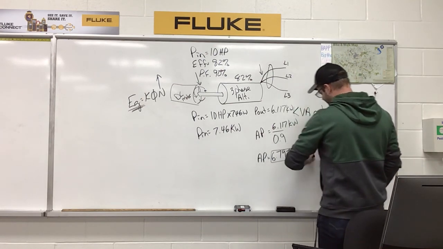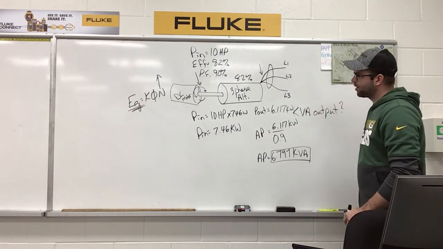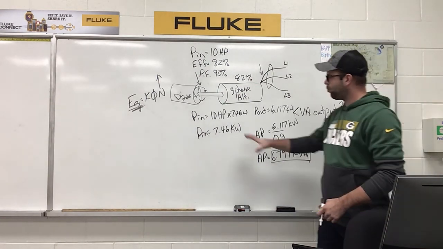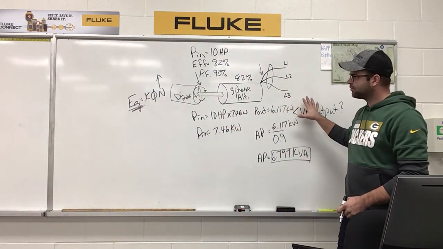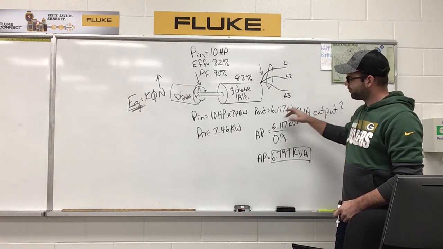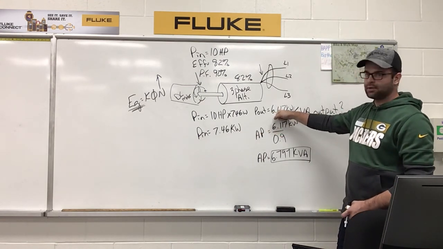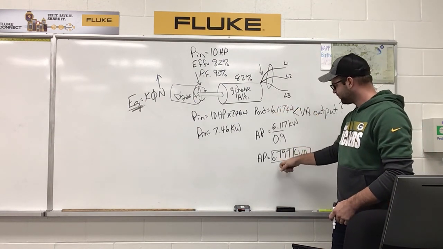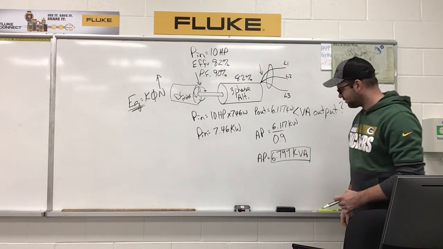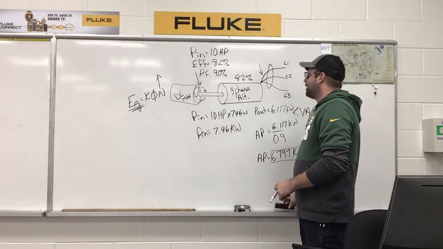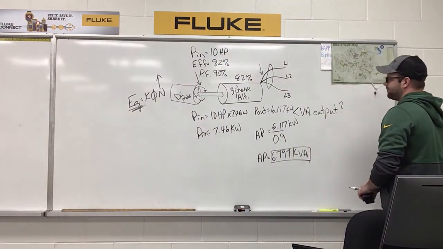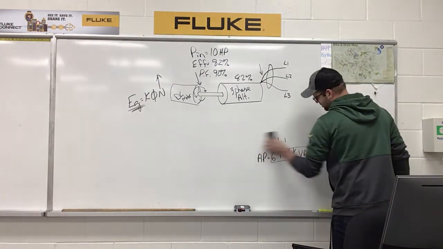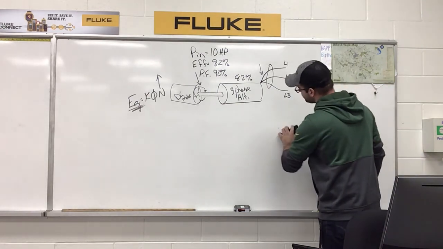So that would be the answer for that question. All right, so we had losses through our alternator, so your output power would be smaller. Then we look at the power factor and we get a kVA of 6.797.